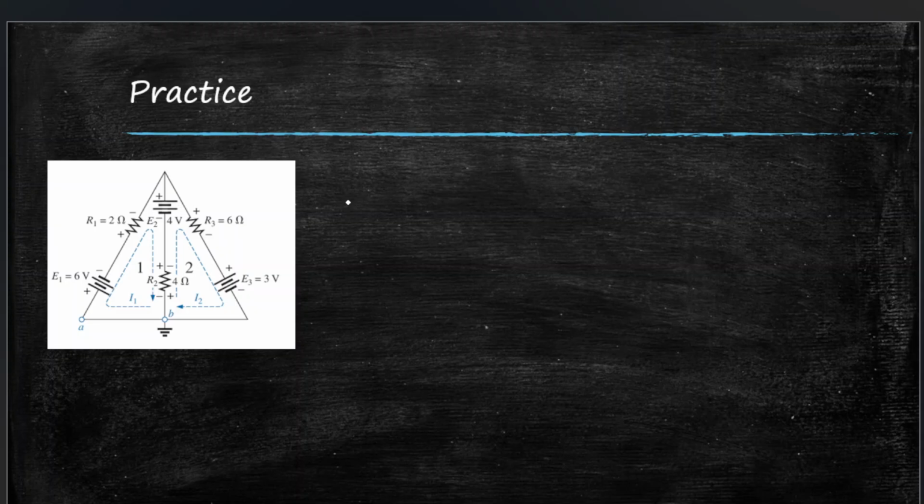So let's start with loop 1. KVL in loop 1. We have E1 first, which will be minus, because I assume it in the opposite direction.